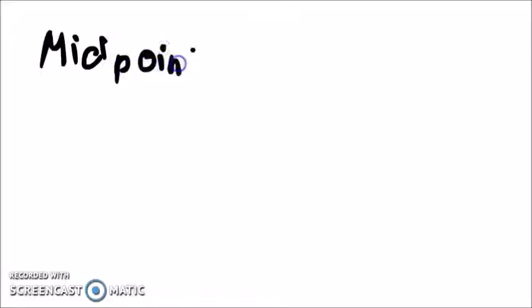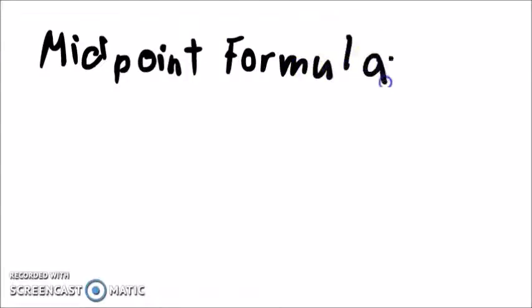So another formula that you would be using is the midpoint formula. You can use this formula to find out whether or not diagonals bisect each other. You can also find the coordinate of the midpoint.